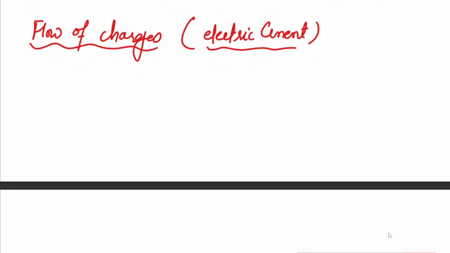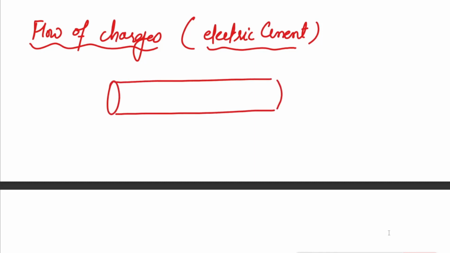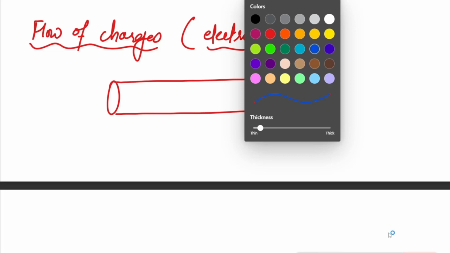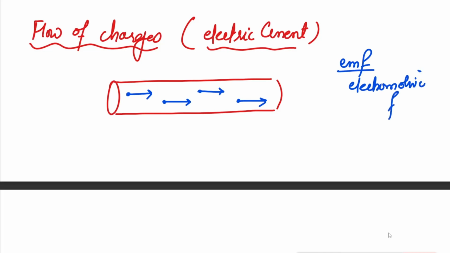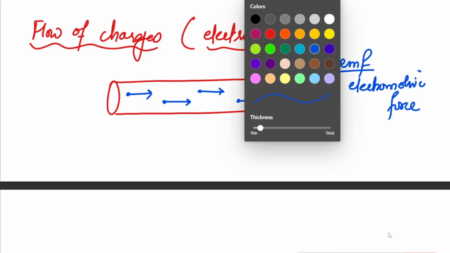So how do we look at this? For example, this is a conductor, a piece of wire, and the electrons are moving in a certain direction. But why are they moving in a certain direction? Now this concept is very important. We will find this concept as EMF in the next chapter, that is electromotive force, the force that motivates the electrons to move in the first place.